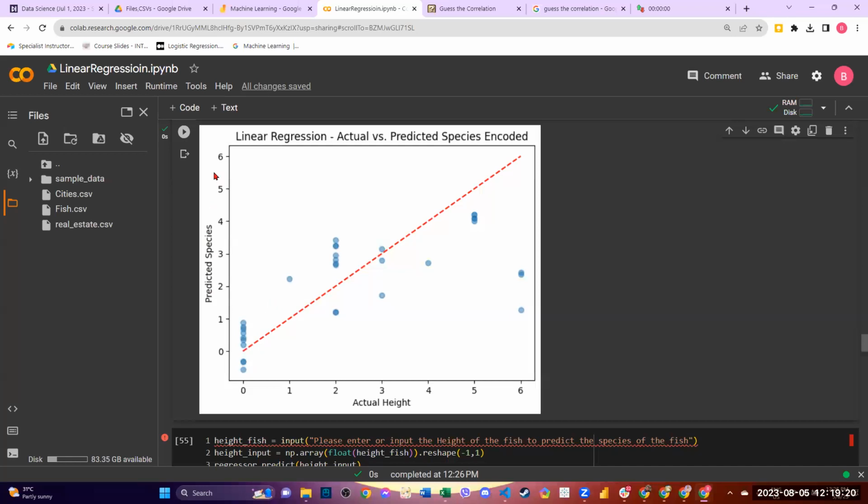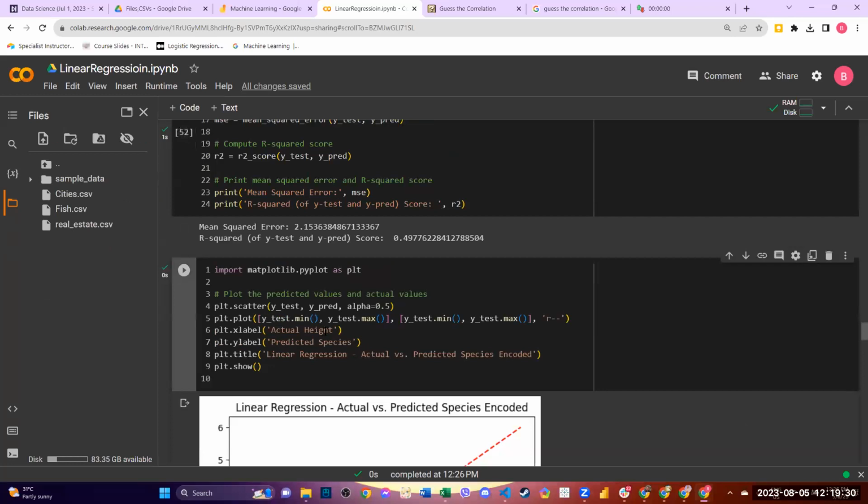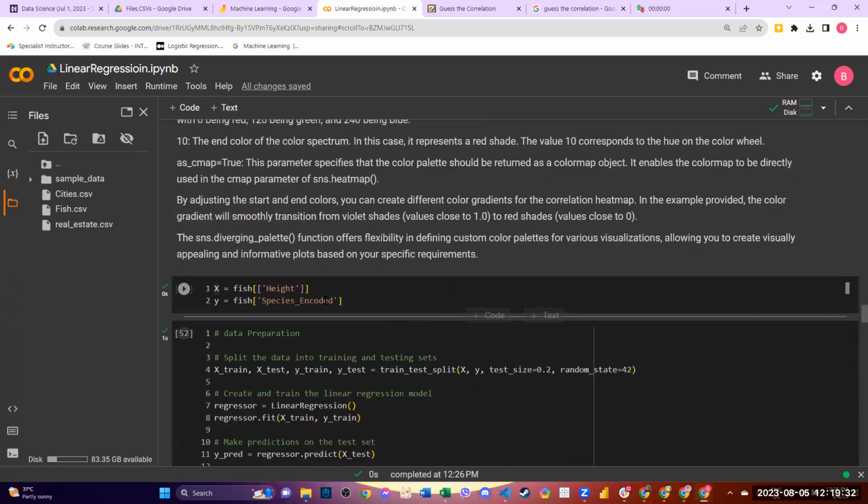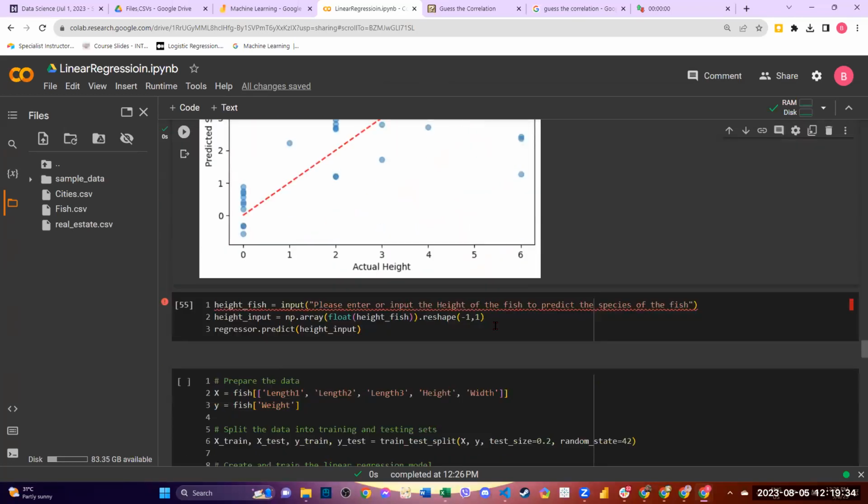So this is the species on the left side or our y-axis, and then the actual height. Height, right. Actual height is what we will predict. Alright?